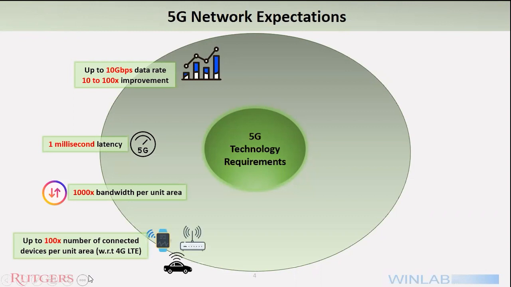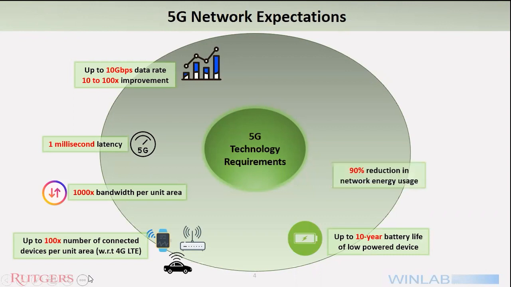And I think there are current reports from Cisco about the trillions of devices that get connected until 2022. Along with that, extended battery power for low power devices, 90% reduction in network energy usage, 100% coverage, and 5 nines of reliability. So a lot of things here, but we all know how much has been realized up until now.